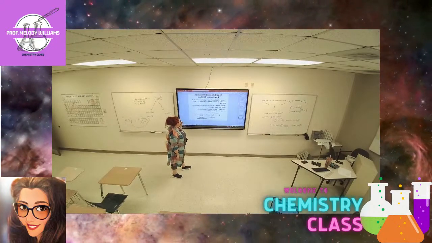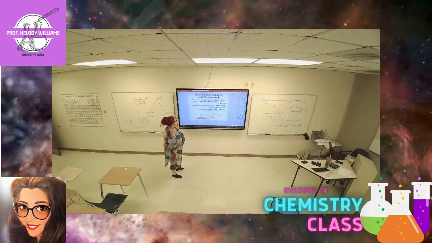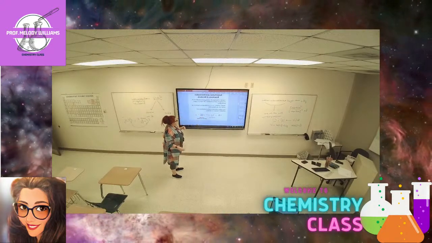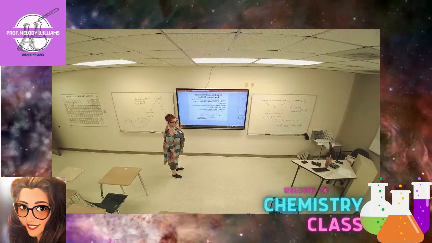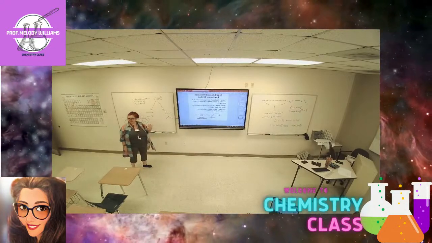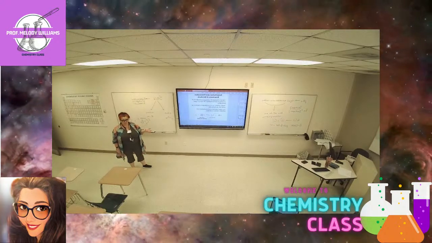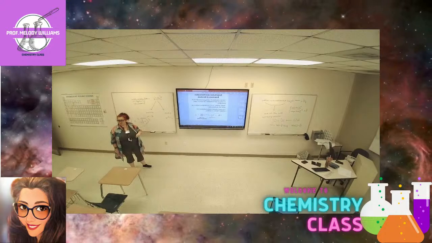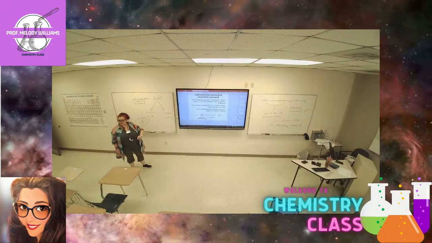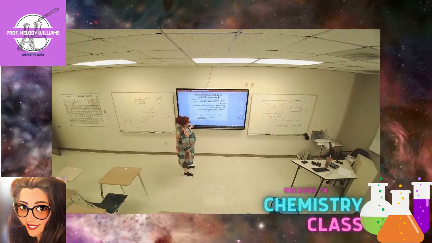So this is a weak base. Once that hydrogen pops onto there, if something's a weak base, what does that mean in its acid form? It would be a strong acid. If something's a weak base, then it would be a strong acid.